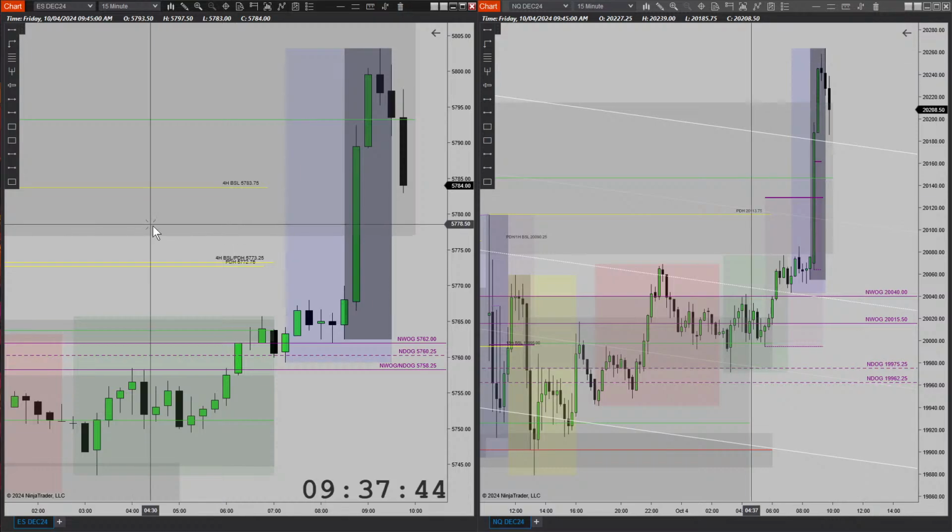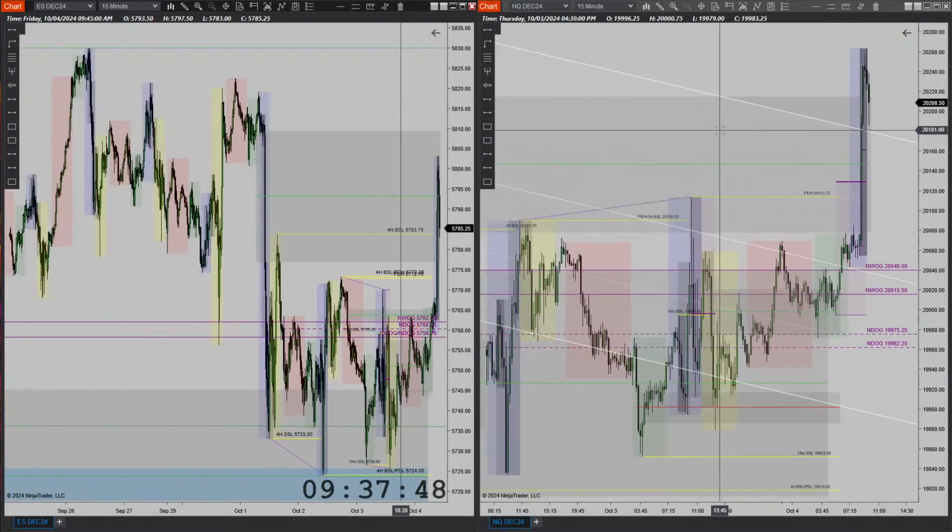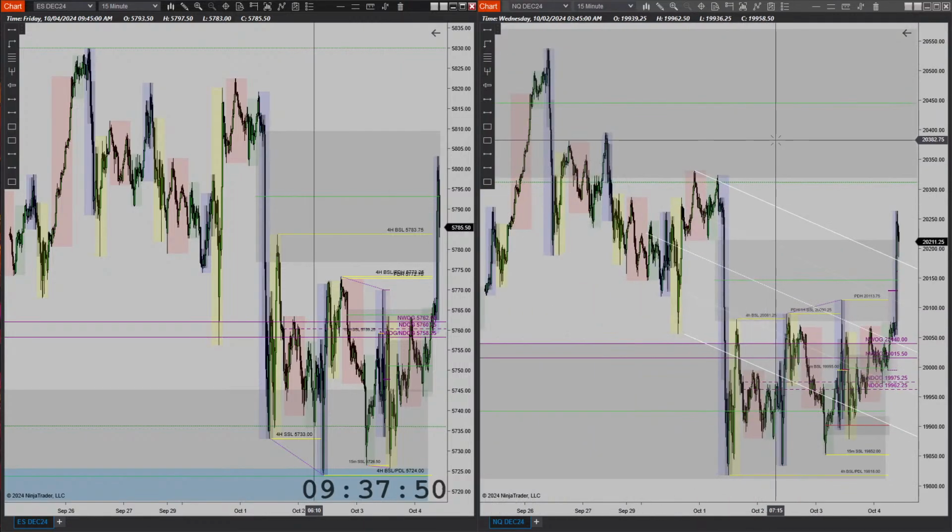This is an old high. Old highs tend to act as support, so being mindful of that as well.